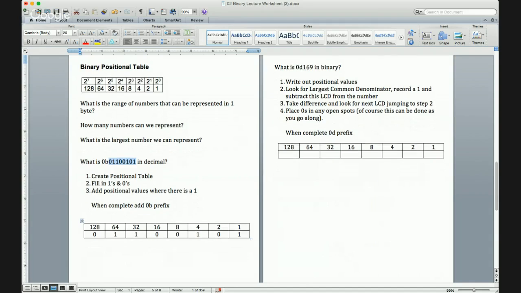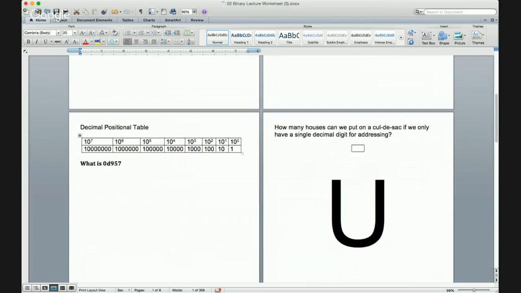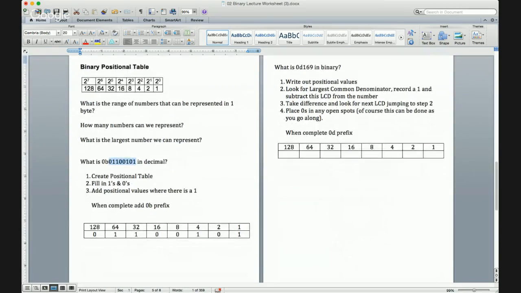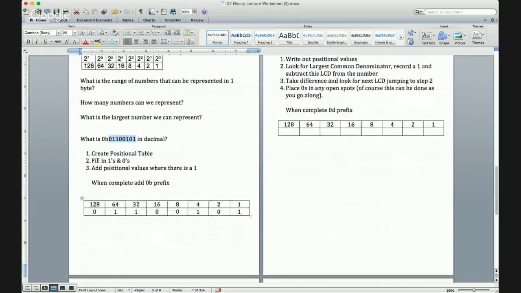Very similarly, what is 957? 900s, 9 times 100, plus 5 times 10, plus 7 times 1. That's the value. We're going from binary to decimal. All I need to do now is multiply. In this case, it's 1, so it's identity. I don't even need to do that. Multiply or add up the positional values.